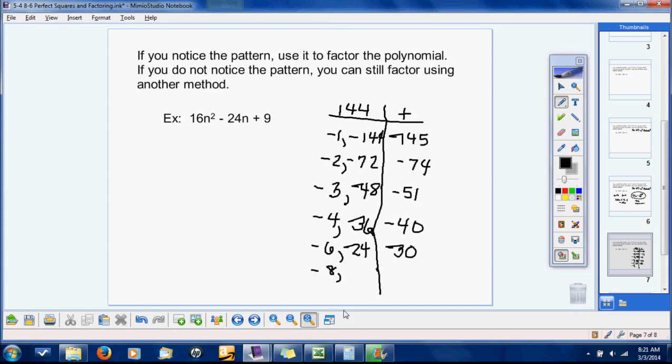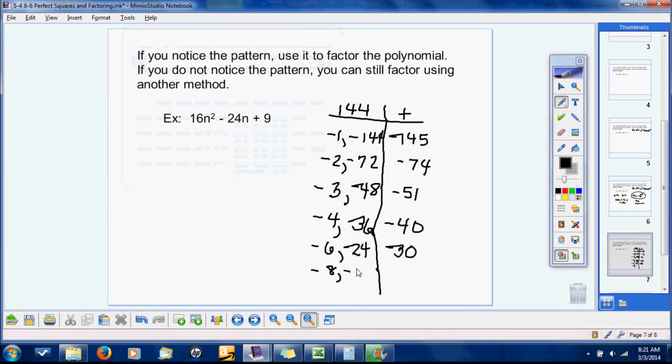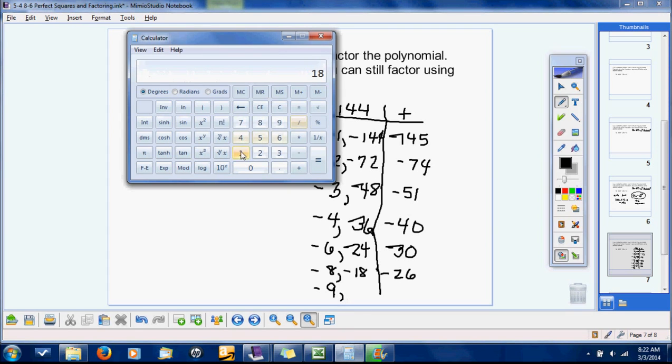Negative 8. Negative 18. Not quite. Let's try negative 9. Okay.